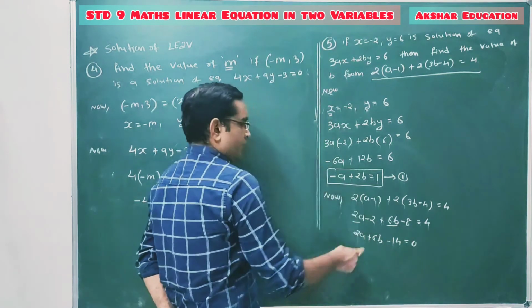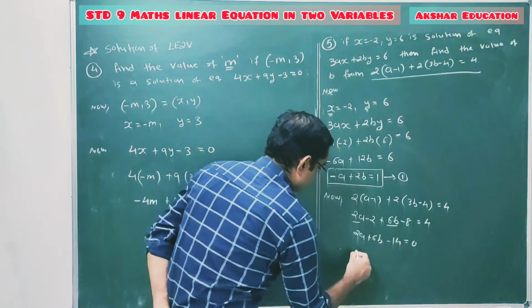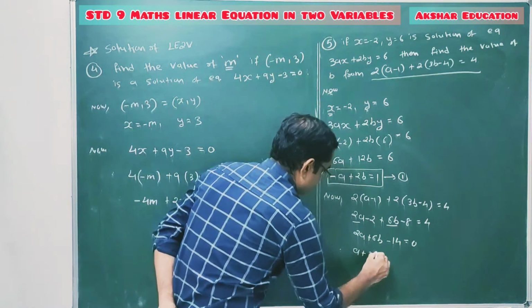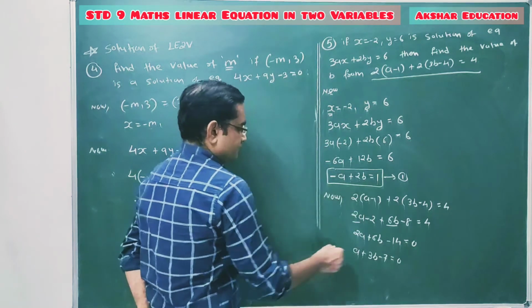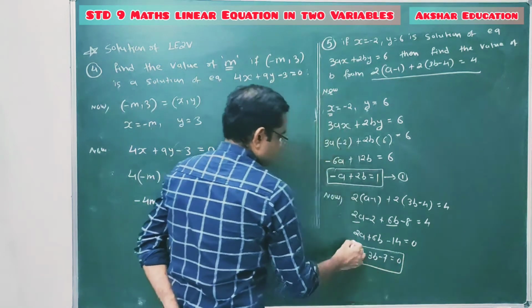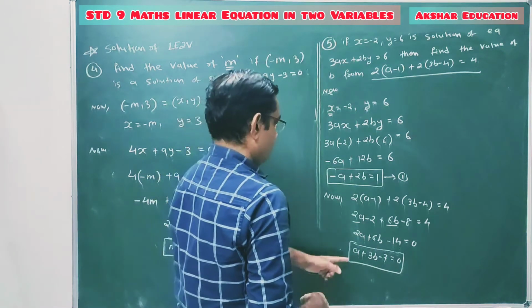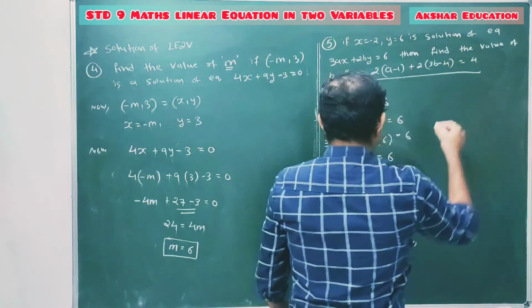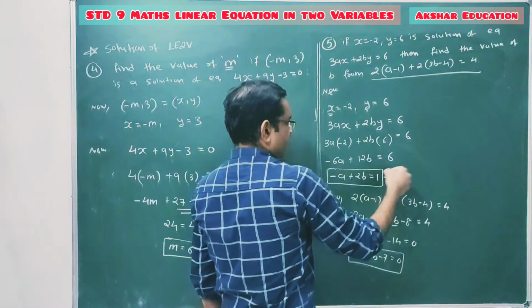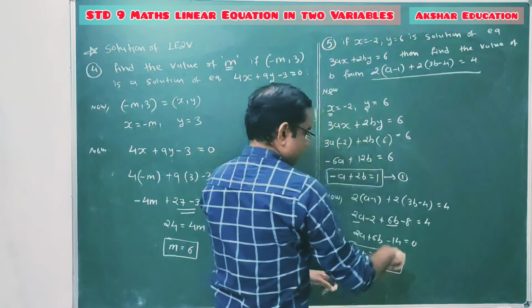Dividing this equation on both sides by 2, it's a plus 3b minus 7 equal to 0. Done? So this is the pair of linear equations in two variables, that is the topic of standard 10. So let me write equation 1 over here, and take this minus 7 on the right hand side.